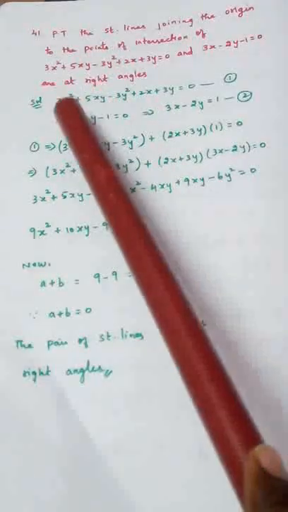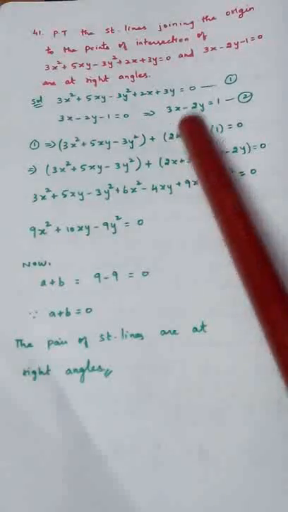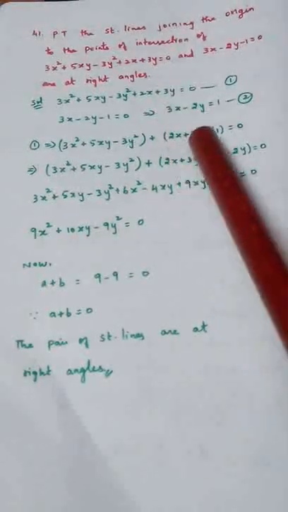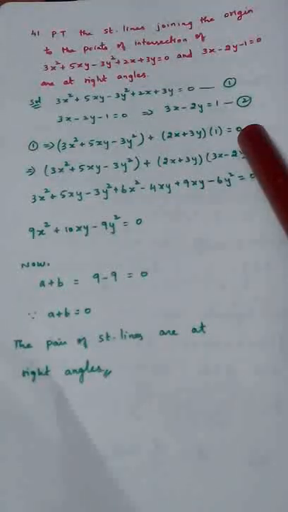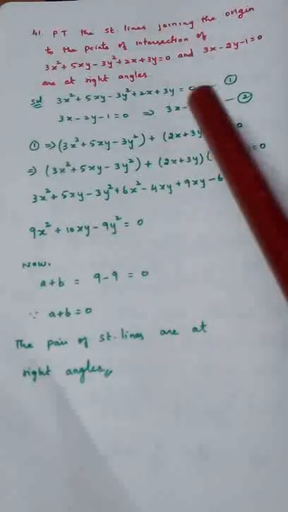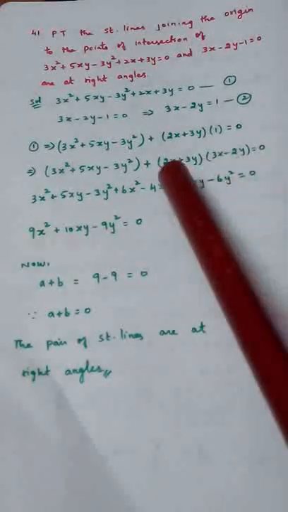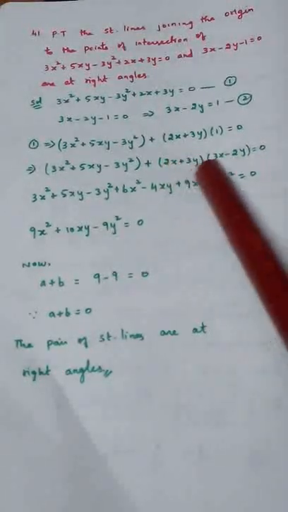I will explain it once again. The first equation is rearranged like this. The second bracket is written, 1 is written equal to 0. In place of 1 I am writing 3x minus 2y. Now just multiply these two, 2x into 3x.